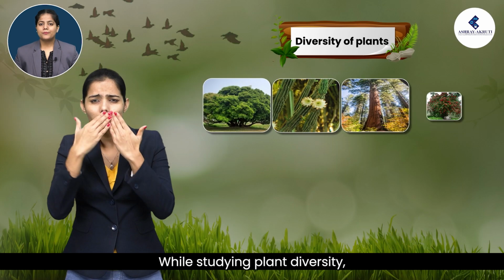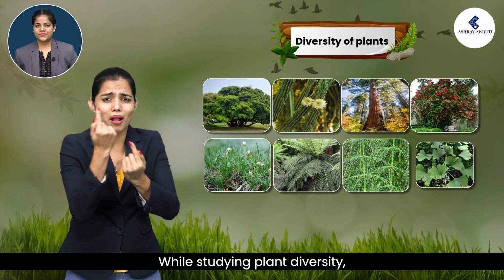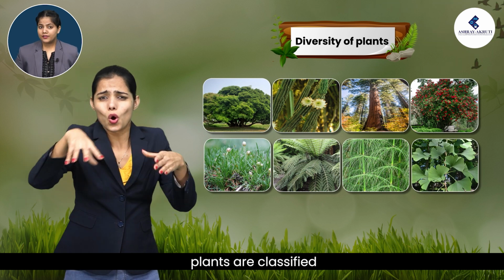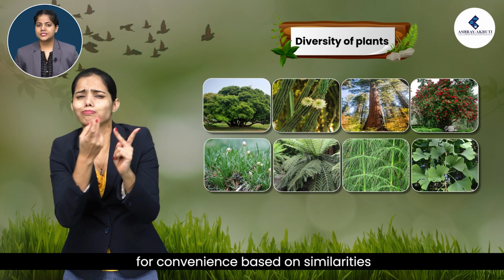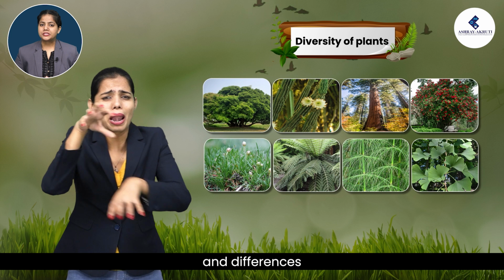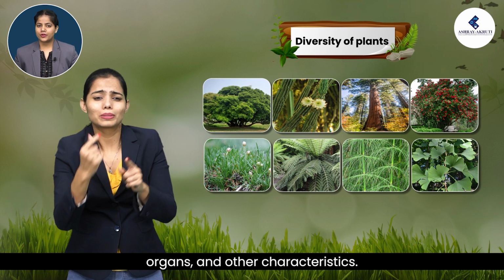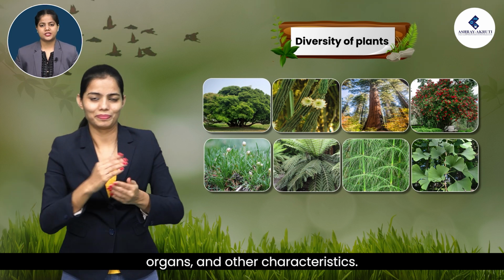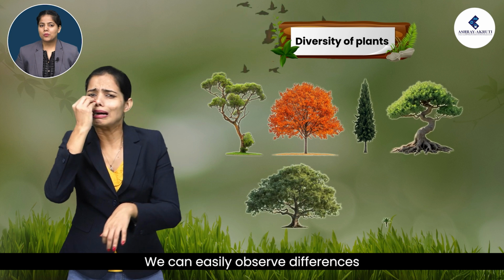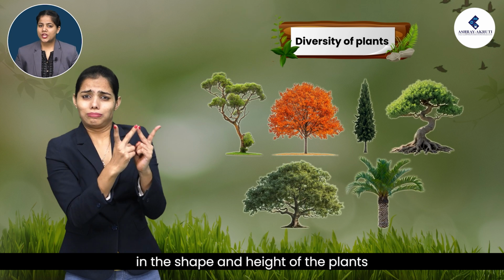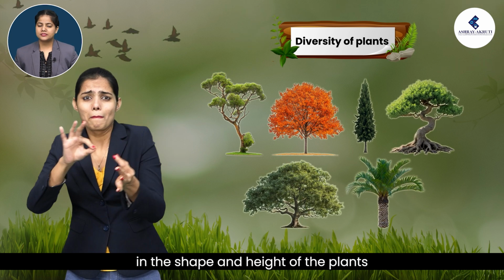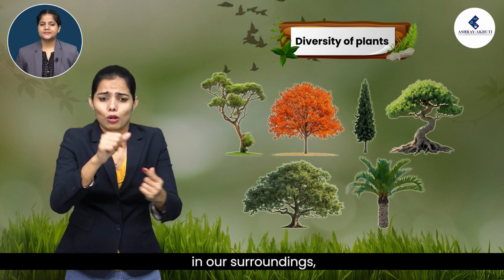While studying plant diversity, plants are classified for convenience based on similarities and differences in their structure, organs, and other characteristics. We can easily observe differences in the shape and height of the plants in our surroundings.